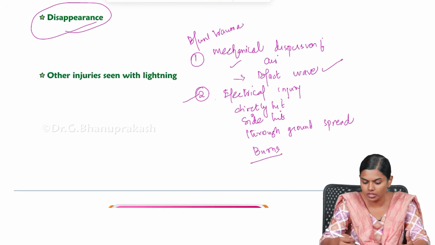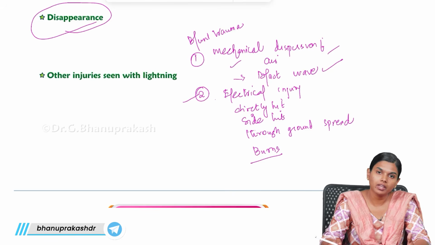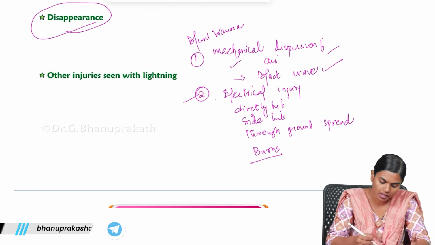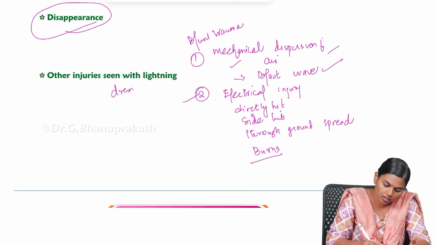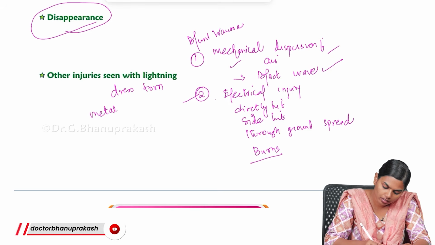So, based upon which thing happened, you will get to see the postmortem features. If it is a blast wave, you will get to see trauma to the internal organs, and sometimes even your dress will be torn. And if there is any metallic object kept, like a coin in the pocket, it will melt.